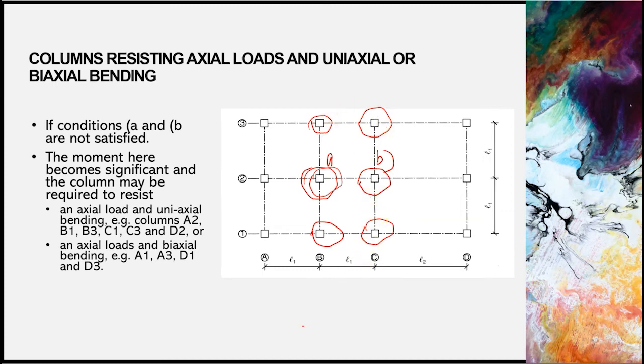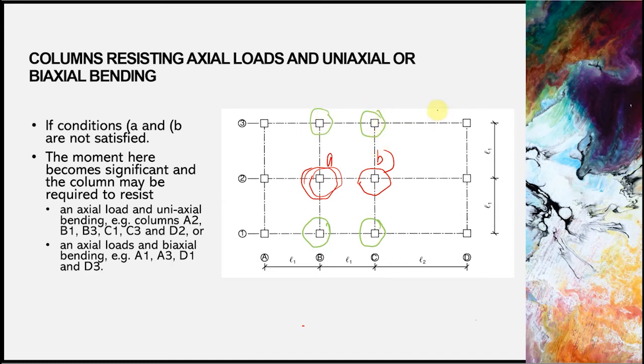Maybe I should use a different color instead of using this color so that you akan nampak lagi. Okay. Condition yang ni, axial load and uniaxial bending. For example, you have like B1, C1, and then you ada B3 and C3. Okay, you tengok sama je.